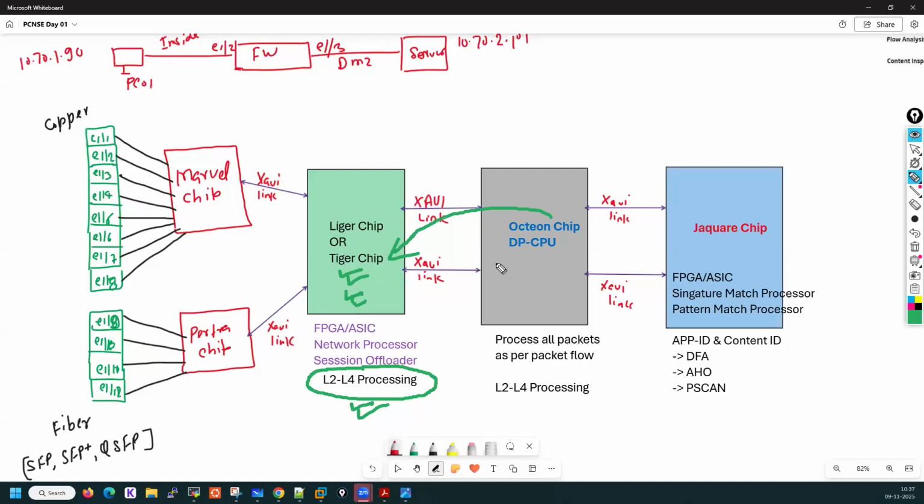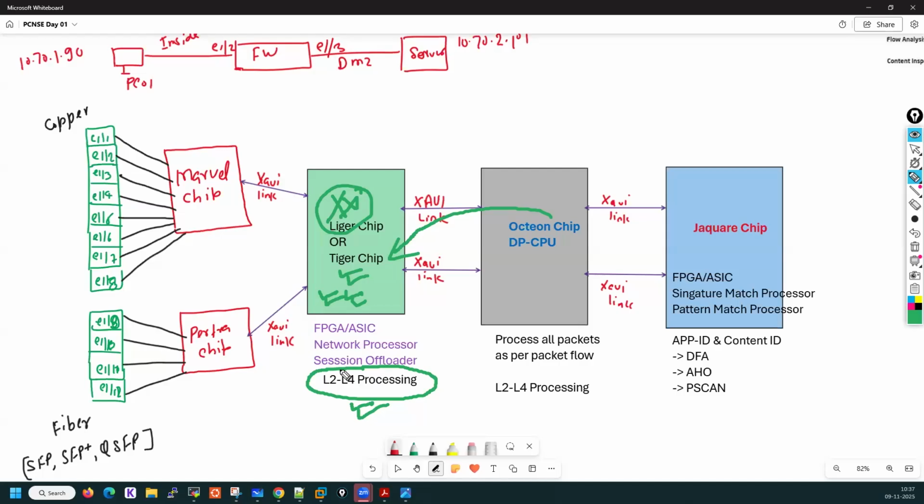Because there is some of the traffic which the Octeon chip will offload and instruct the network processor to start processing those packets. Otherwise, this processor will not do anything. It will just sit back and relax. Once it gets the instructions from the Octeon chip, it will start doing the data processing.